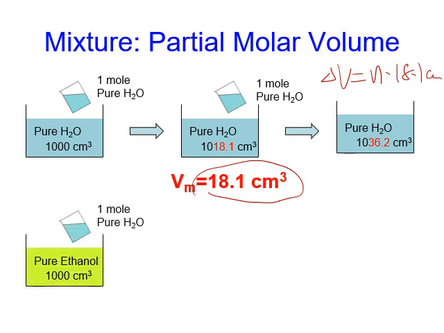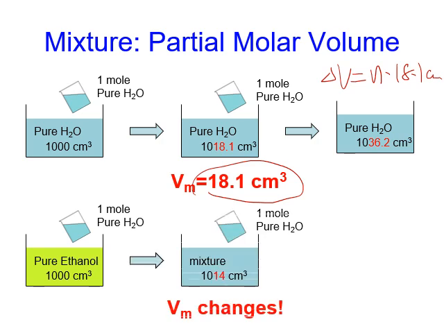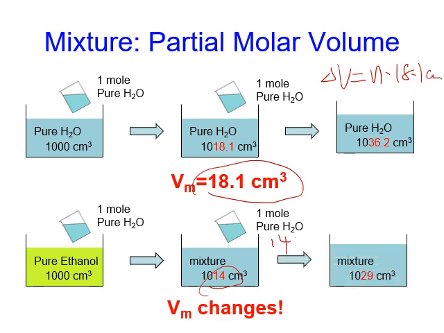If you add 1 mole of pure water into ethanol, now a mixture is formed. The volume change is not 18.1, instead it is 14. If 1 more mole of water is added into the solution, the volume change is not 14 times 2.